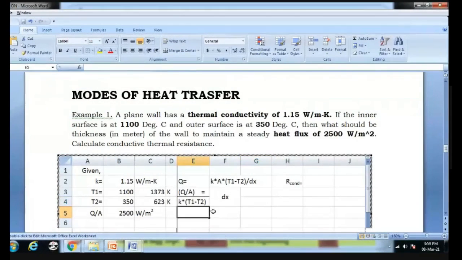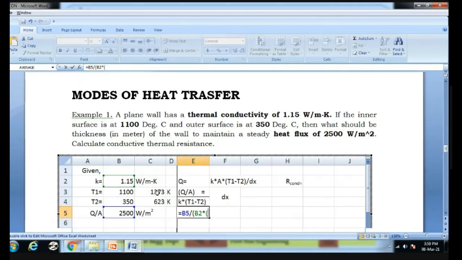Can you calculate dx now? So Q upon A is actually 2500 divided by, in bracket, thermal conductivity 1.15 into the temperature difference.